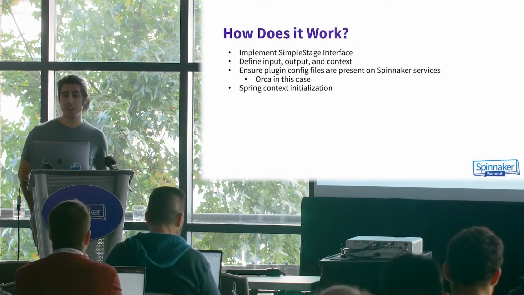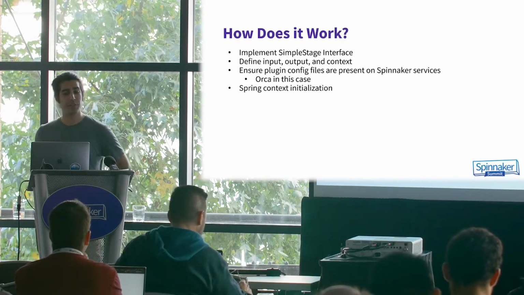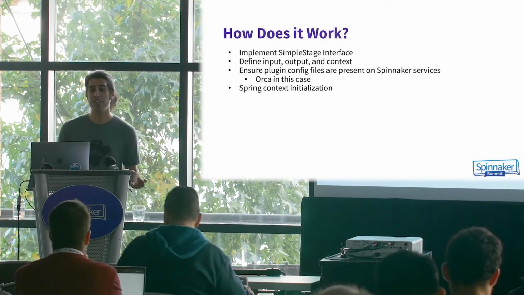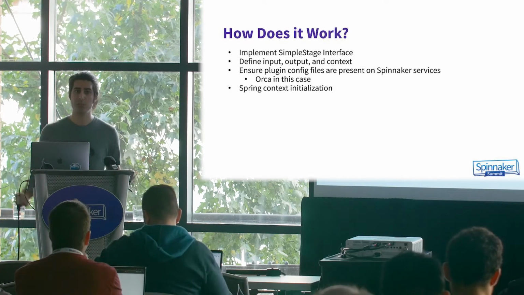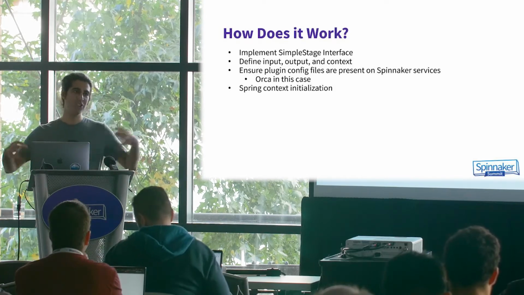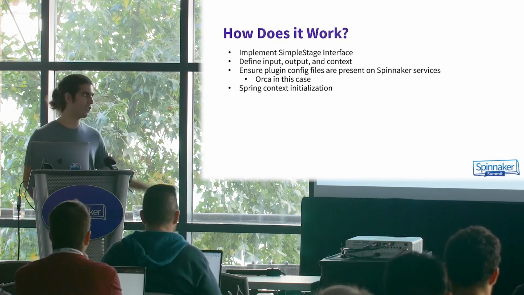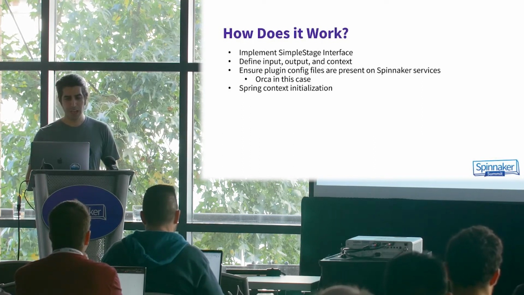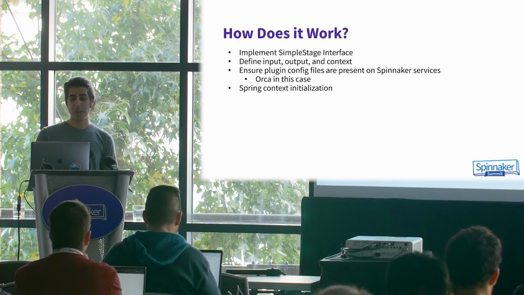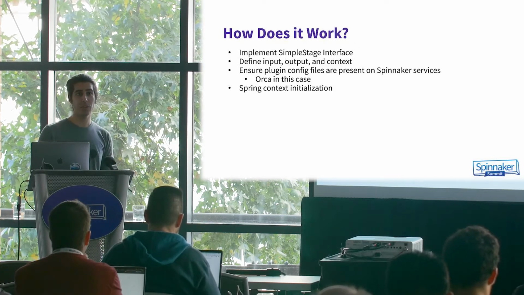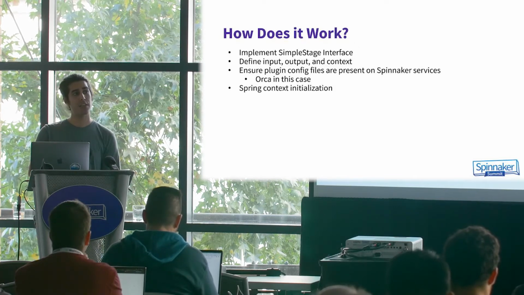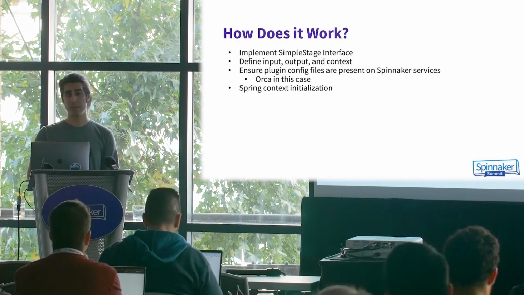So in this case, the jar should implement simple stage. The simple stages are turned into simple stage definition builders, which inherit from stage definition builder and get hooked into the stage list. Again, there's no UI currently as we're figuring that out, but you're still able to utilize these stages by editing the stage as JSON.